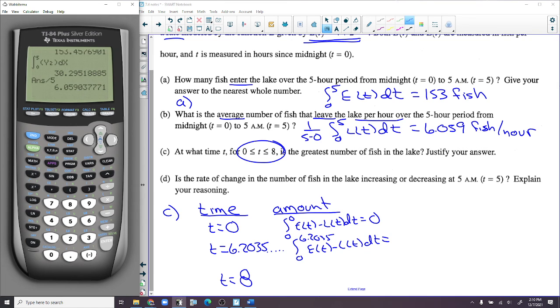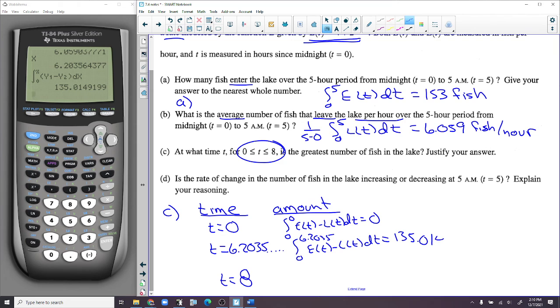If you type x now, if you did the intersection, x holds that value still. We can do math number 9. We can go 0 to x because it's holding that value, and then y1 minus y2. So 135.0149 fish in the lake then.